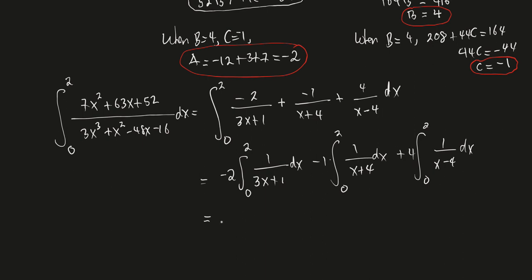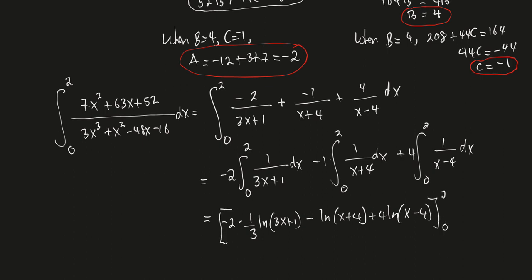So it is going to be negative 2 times 1/3 because we're going to have to divide by that 3, and then the ln of 3x plus 1, and then minus the ln of x plus 4, and then plus 4 times the natural log of x minus 4, and then this has to be evaluated at 0 and at 2.